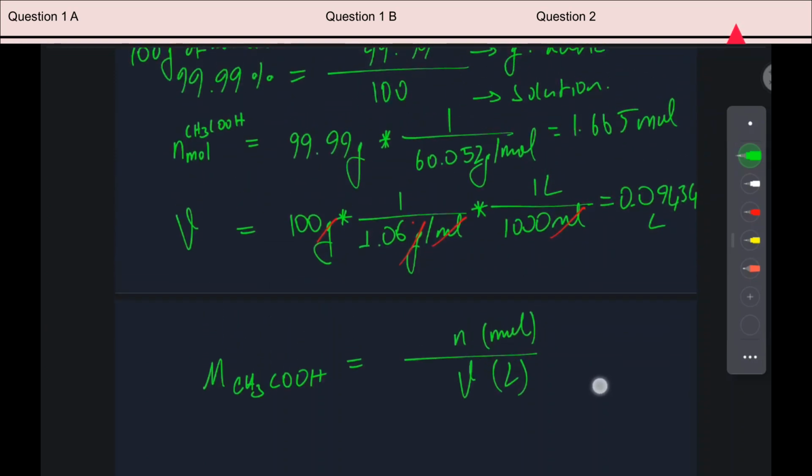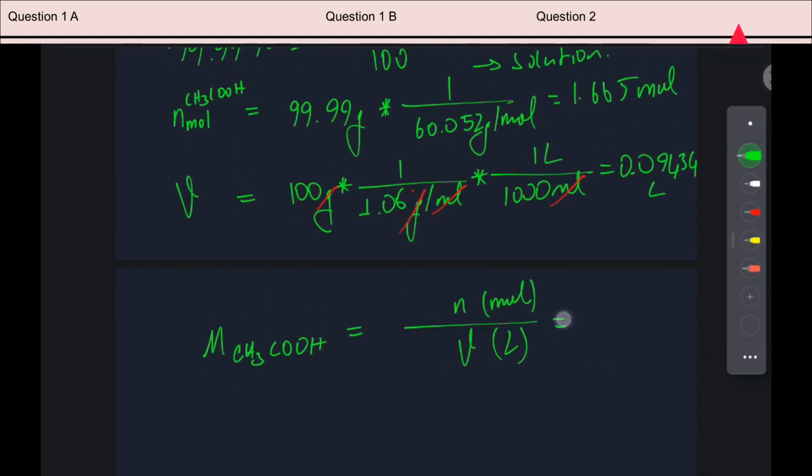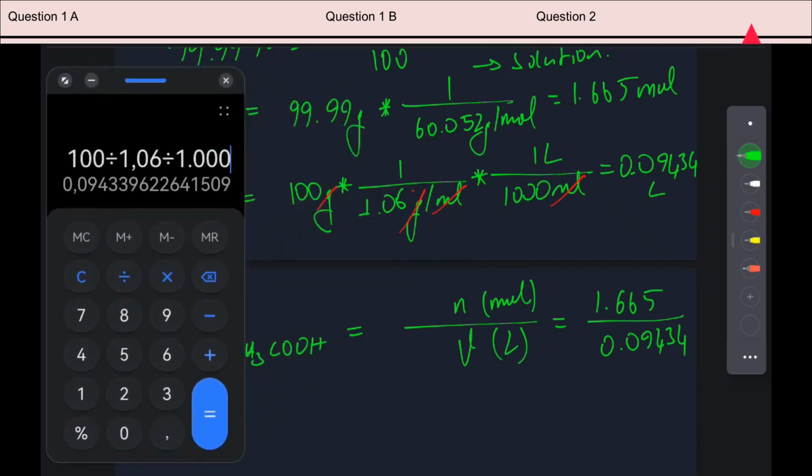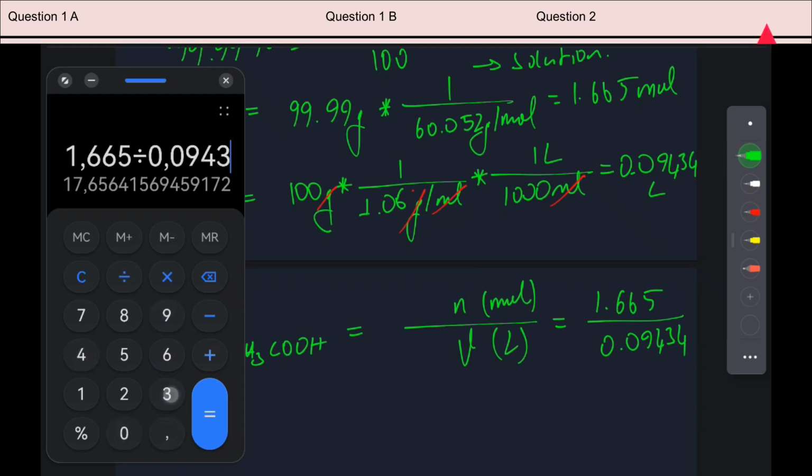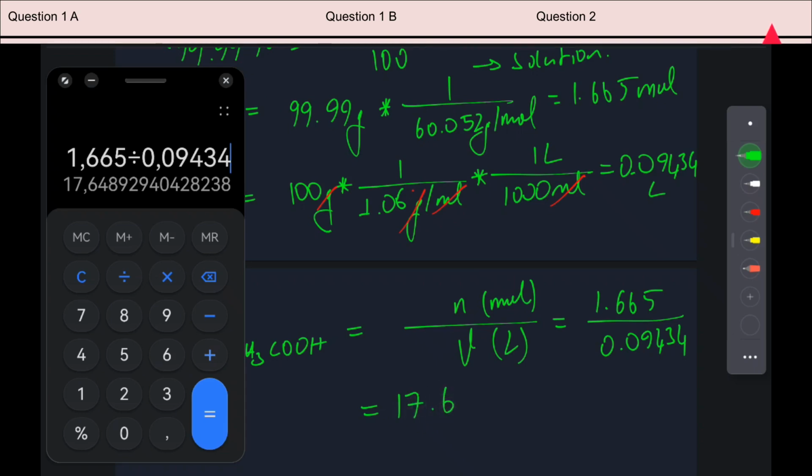It is 1.665 over 0.09434, and this is 17.65 molar.